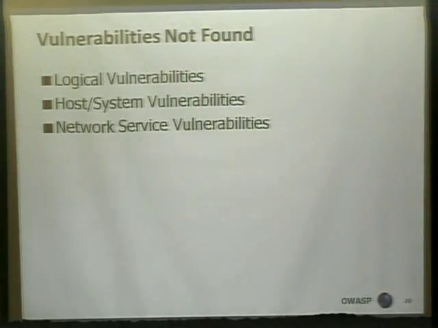So going forward, what are some of the vulnerabilities that are not found in source code analysis or application scanners? You're not going to find logical vulnerabilities. Logical vulnerabilities are probably the biggest issue you will ever have.